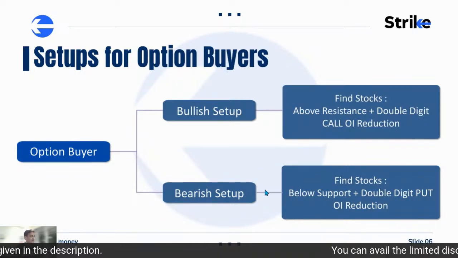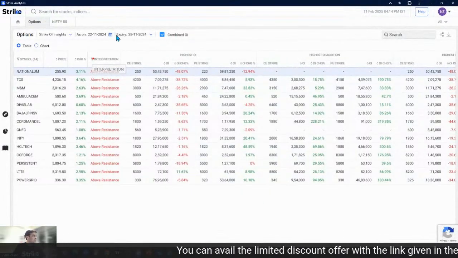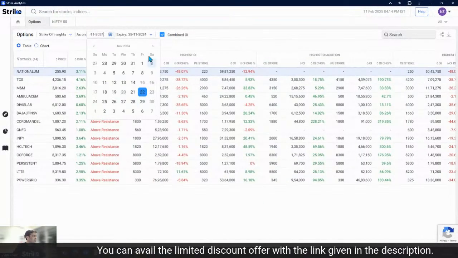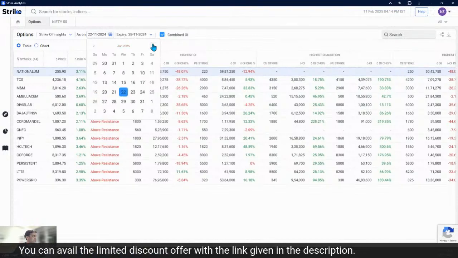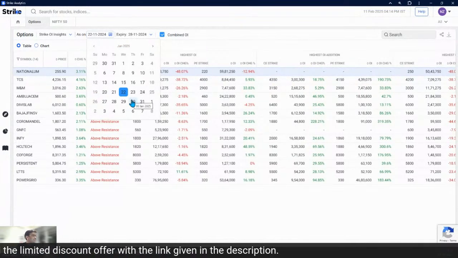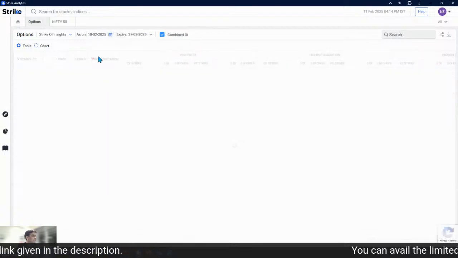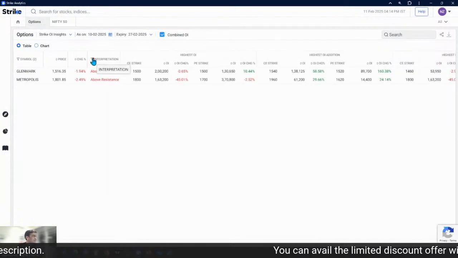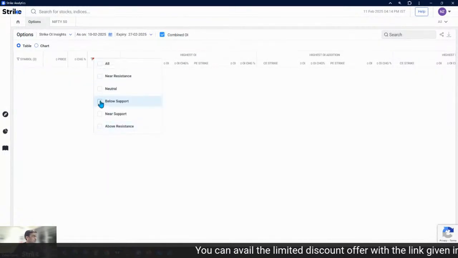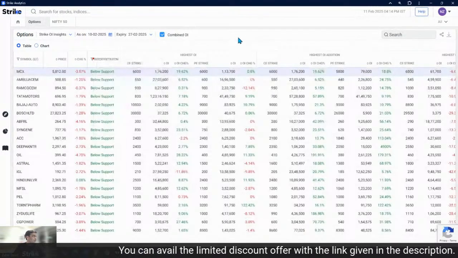So if you want to find this bearish setup, I had one example yesterday itself. Let me take this example. Today is what, 11th, right? So on 10th of February, we will say below support. All right, below support.